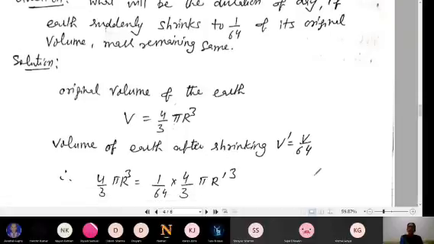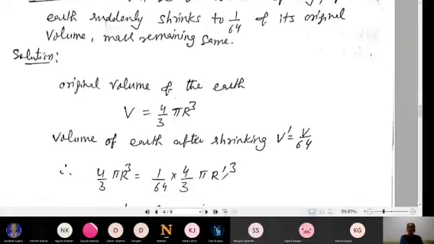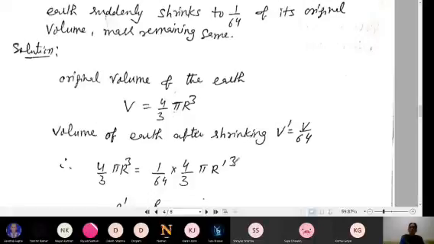Now, if I suppose that R dash is the new radius, then V dash will be equals to 1 upon 64 of V. So this is simply R and this is R dash.